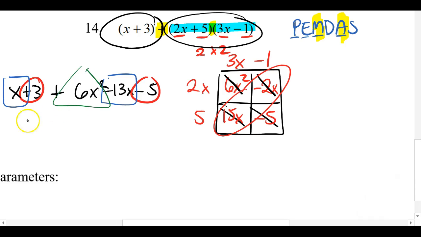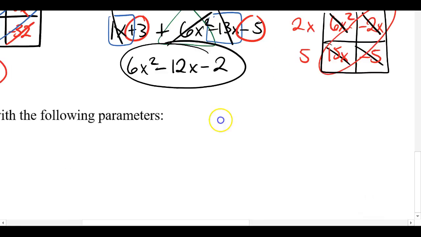Well, remember, exponents first, highest first, so 6x squared goes first. And then we have x, or 1x, plus negative 13x, so that's minus 12x. Done with that. And the last one is 3 minus 5, which is minus 2.